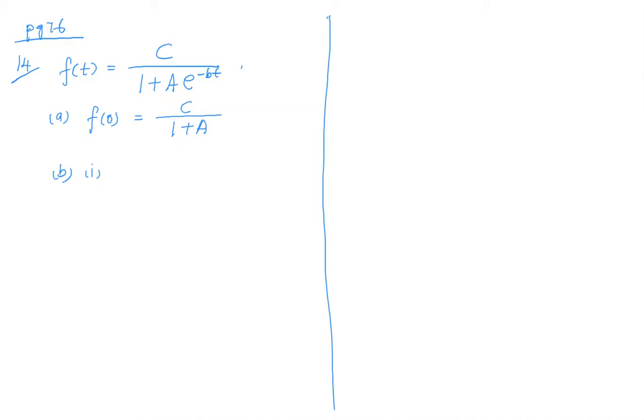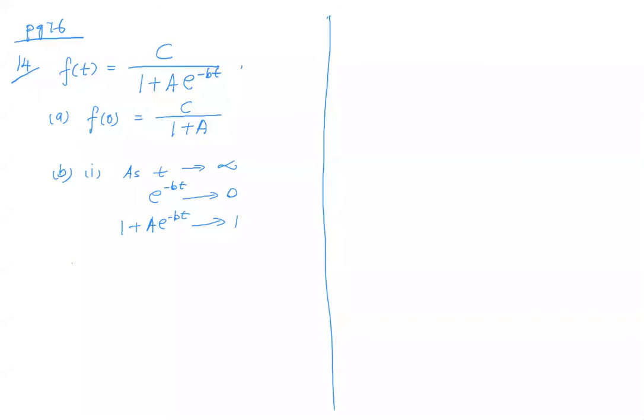Okay, so we will say as t approaches infinity, e to the power negative bt approaches 0. So 1 plus a e to the power negative bt approaches 1.